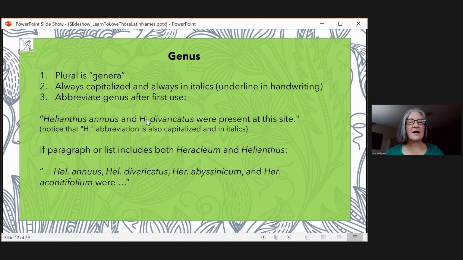And notice when you do that, that the correct way is to put the H, not the period necessarily, but the H in italics also. And if you have two genera that both start with H in the same paragraph or the same paper, you would write HEL as your abbreviation and HER as the other one. So that's how you handle genera in writing.